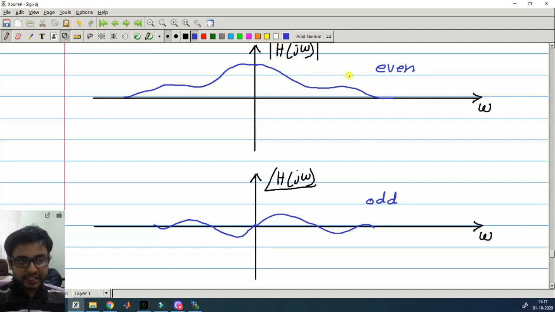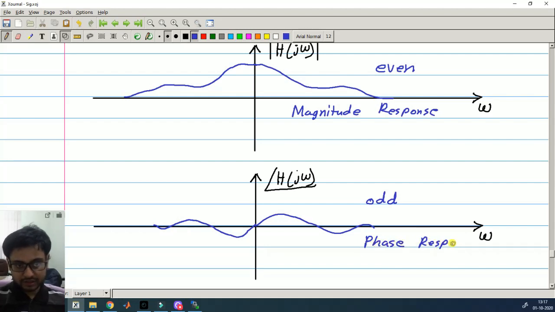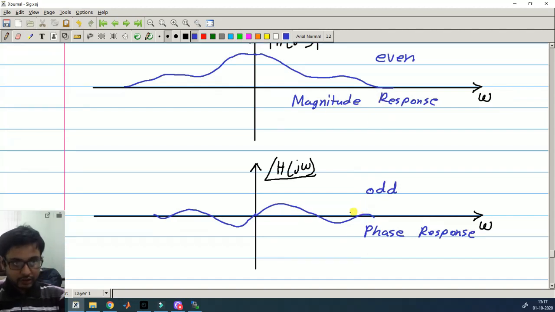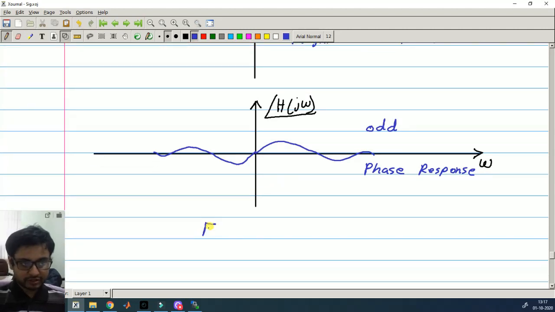We call this the magnitude response, and this the phase response or phase angle response. Together these two are called frequency response.